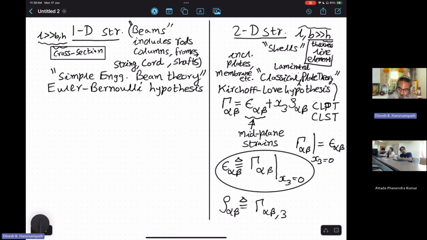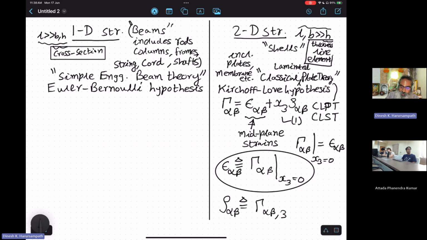So remember that, because once I take the derivative of this equation that I have over here, equation 1, if I call it, then you see that the first term vanishes because it's independent of x3. It's constant with respect to x3. And the second one is linear in x3, and therefore all that you're left with is rho alpha beta.